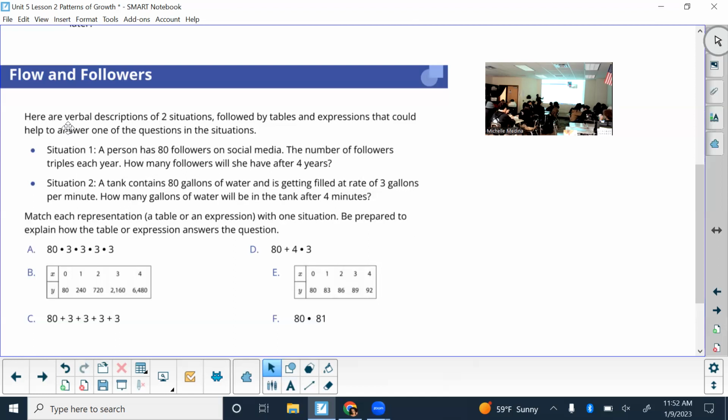And make sure you can explain how the table or expression would help answer either situation 1 or situation 2. Does that make sense? Okay, so figure that out within your group. Since there's 6 different expressions, I'll give you 4 minutes? Maybe 5 minutes? But discuss, and you'll have a recorder and I'll ask the questions.